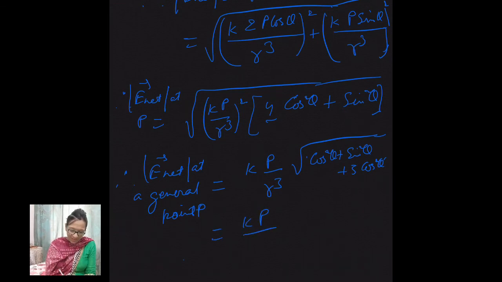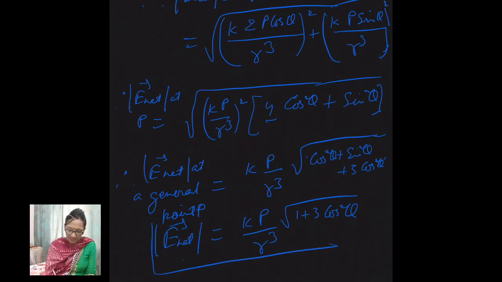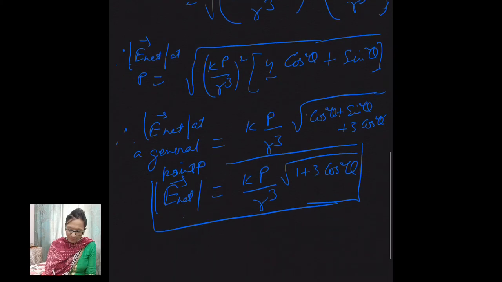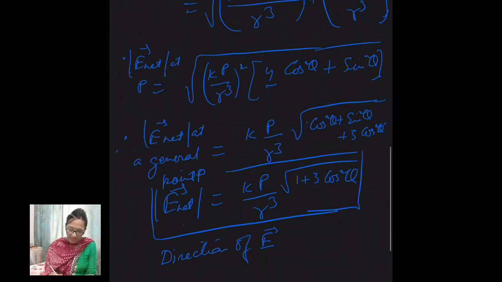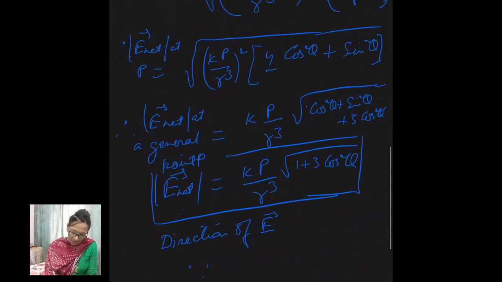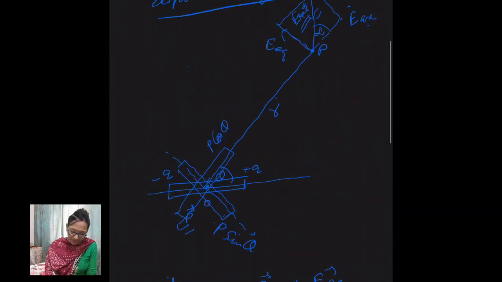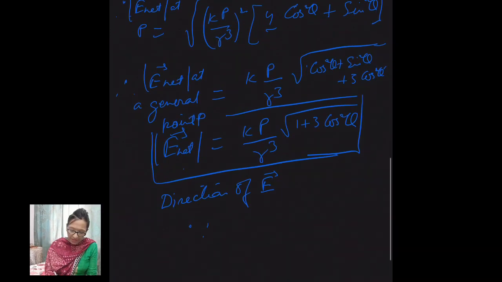Therefore, electric field net at P is equal to electric field axial plus electric field equatorial. Now, for equatorial electric field, we learned that the equatorial bisector point electric field will be along negative dipole moment direction, in this direction.